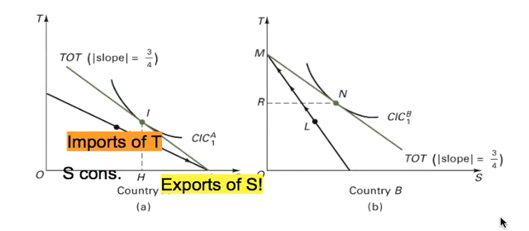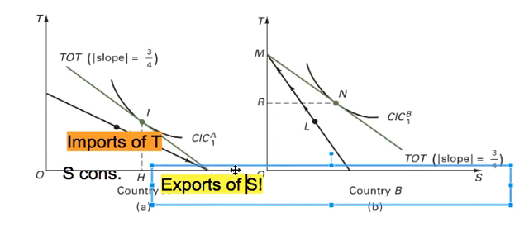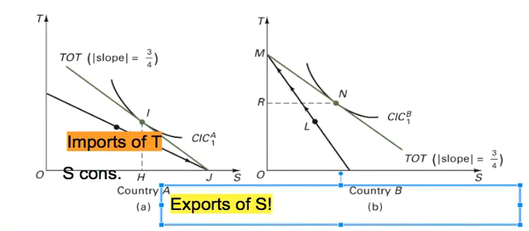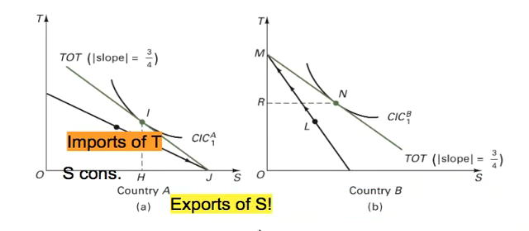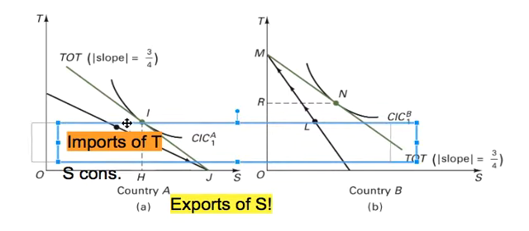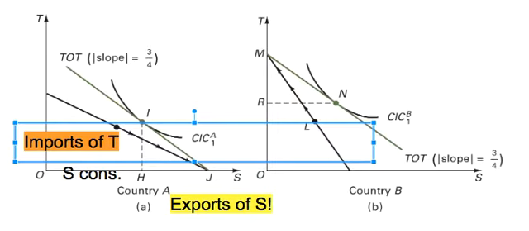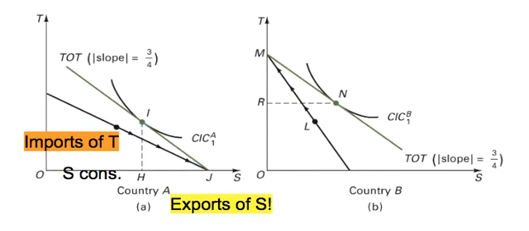Perfect. So now we have just described a geometric figure which is known as the trade triangle, which is just given by the 3 points H, J, and I. HJ constitutes the amount of exports that country A sends to country B, and this is going to be exports of soybeans.